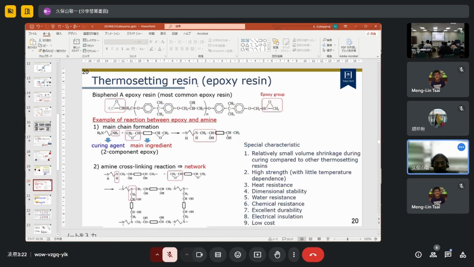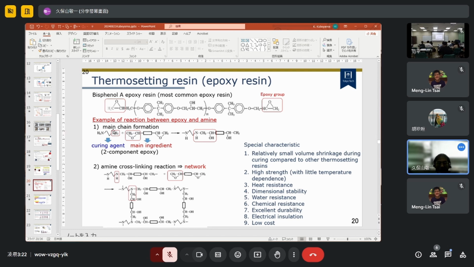For example, in the case of epoxy resin, there are epoxy groups at both ends of the epoxy molecule. That is the base polymer, the base material of the epoxy resin, the starting material. And when you add the diamine as a hardener, the amino group can react with the epoxy group.